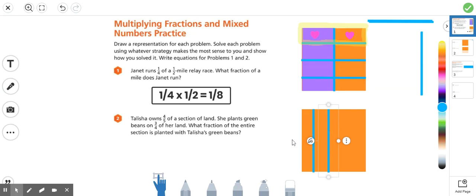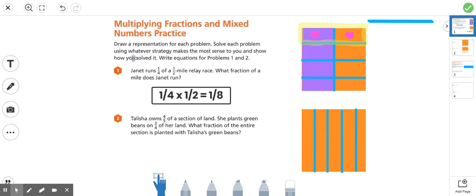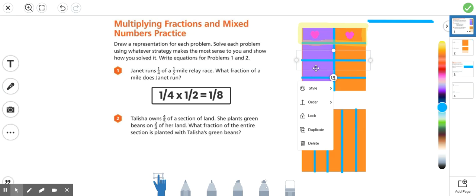So don't do crosses of different things, just break it one. Remember, I always thought it was confusing when I first learned about this. I want to make fifths, but I don't do 5 lines. I only do 4 lines because the 4 lines break it up into 5 pieces. And she owns 4/5 of it.